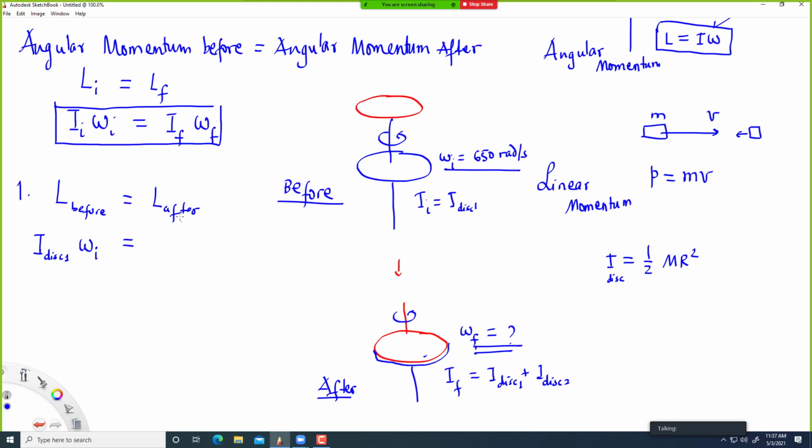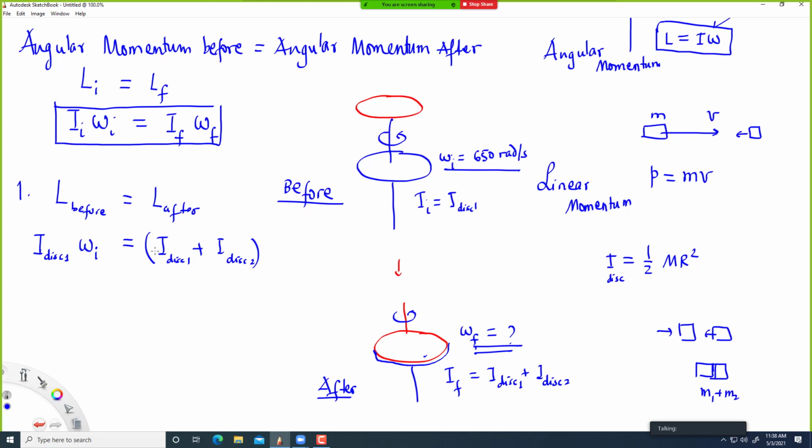And then after, we have moment of inertia of disk 1 plus moment of inertia of disk 2. It's like we are combining same kind of problem. So we have two objects colliding with each other, and after collision they become one. So we take M1 plus M2 as a combined mass.